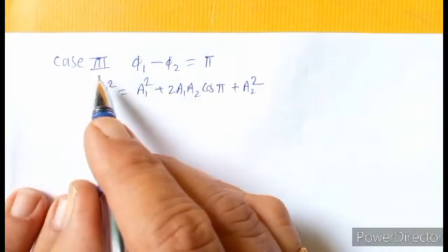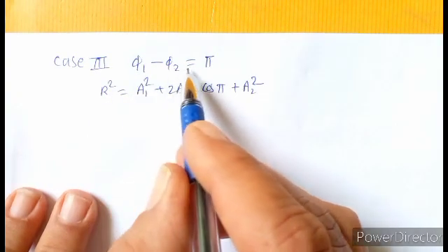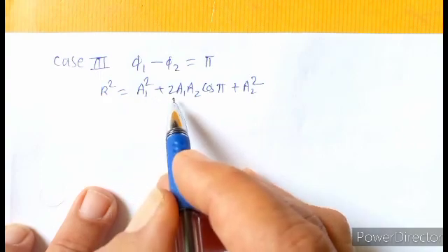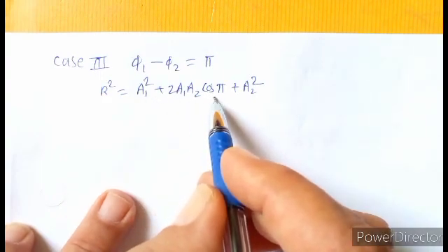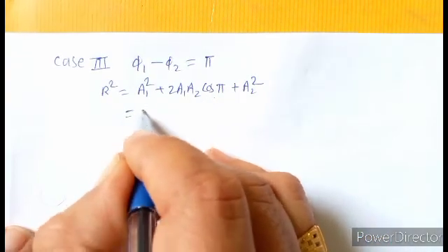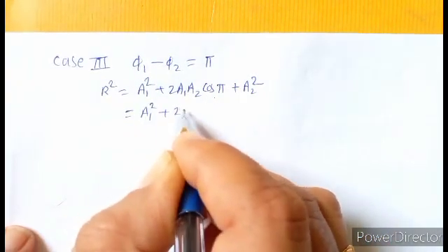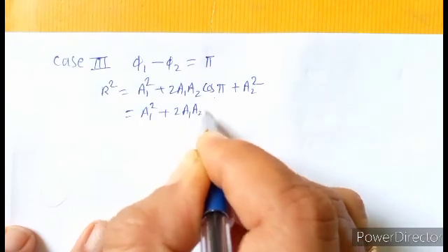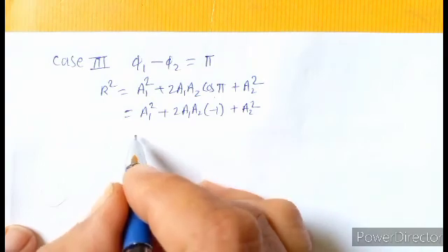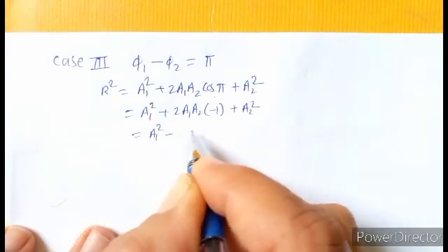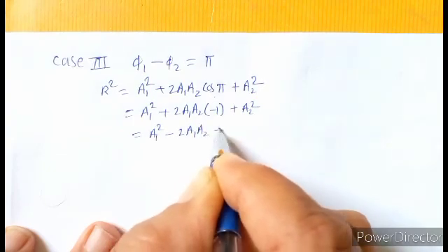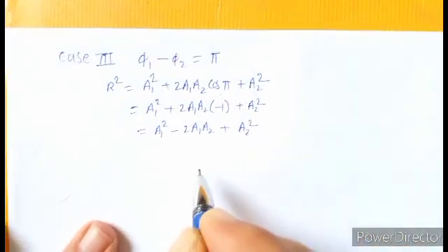Now we consider case number 3. If phi 1 minus phi 2 is pi, r square is equal to a1 square plus 2 times a1a2 cos pi plus a2 square. But cos pi is minus 1. So a1 square plus 2 times a1a2 into minus 1 plus a2 square, so a1 square minus 2a1a2 plus a2 square.